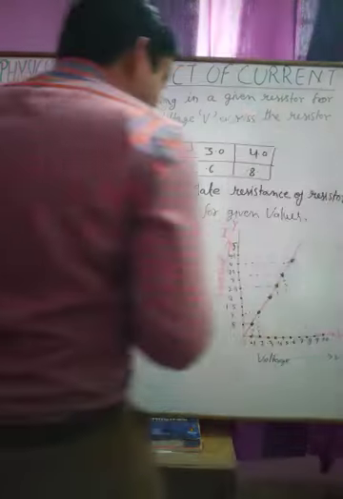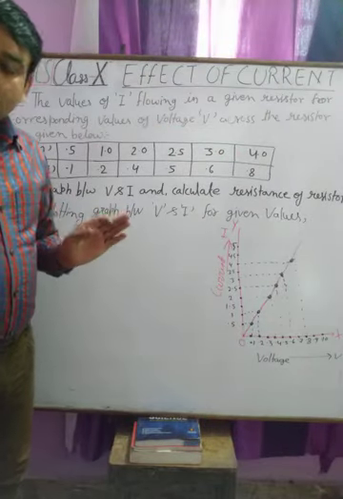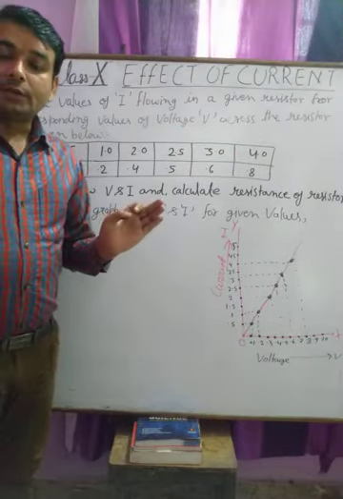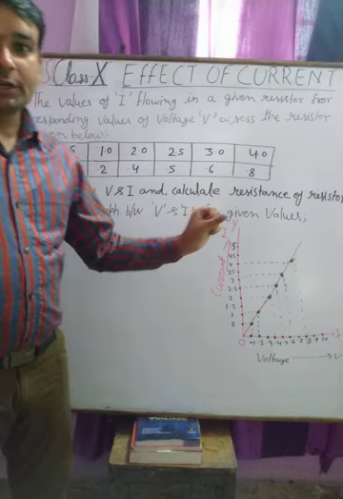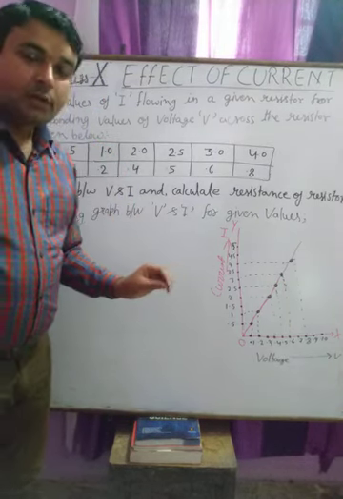Now, according to Ohm's law, the slope of this straight line gives us the value of the resistance of the given resistor. For calculating this, we are taking two points anywhere on the straight line. Let this be point A and this one point B. Okay.